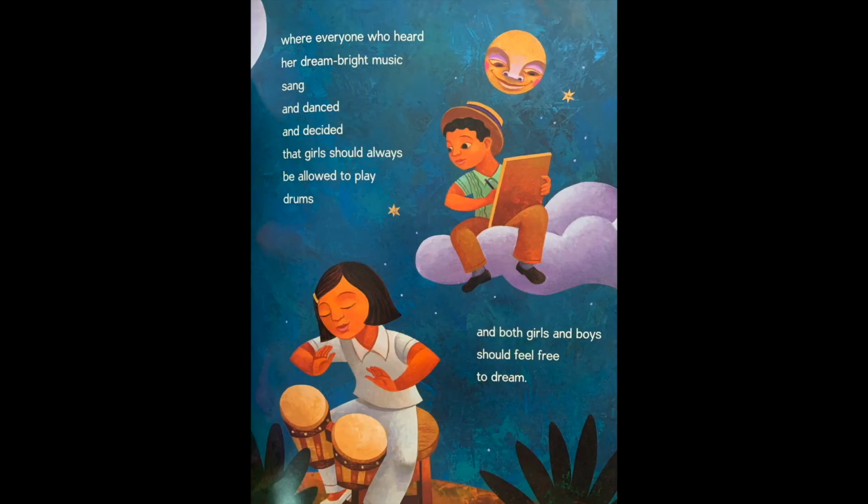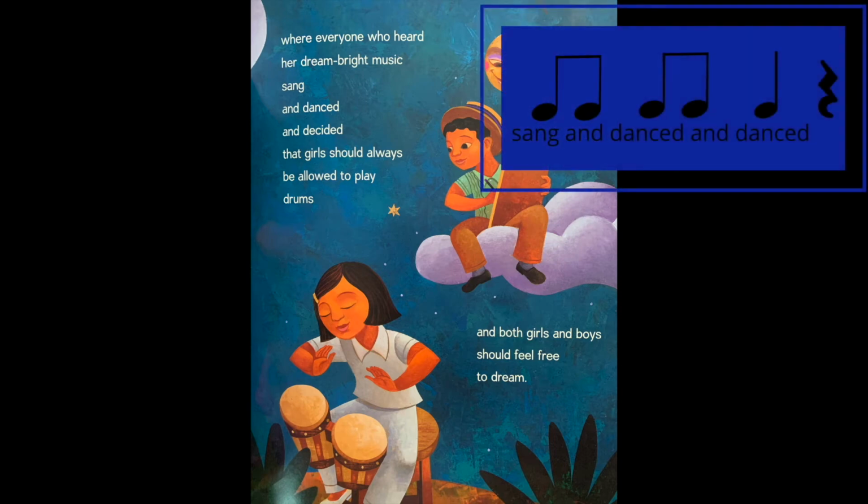Where everyone who heard her dream bright music sang and danced and decided that girls should always be allowed to play drums. And both girls and boys should feel free to dream. So our first rhythm is sang and danced and danced. Ready? Here we go.